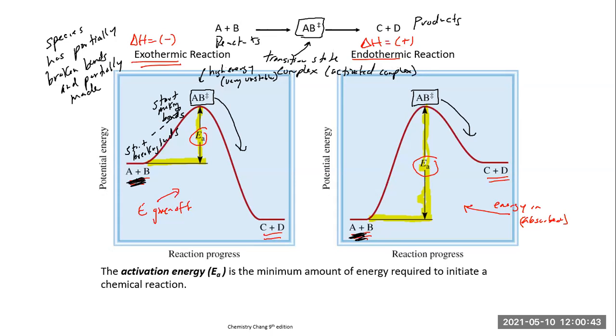But if you then move the hill way higher, there's going to be less of those guys able to make it over as quickly, and it's going to take longer for them to reach the other side. And that's why temperature plays an important role in the speed of the reaction, because when we play with temperature, we're really just either increasing energy or decreasing energy, and that will have an effect on the rate of the reaction.